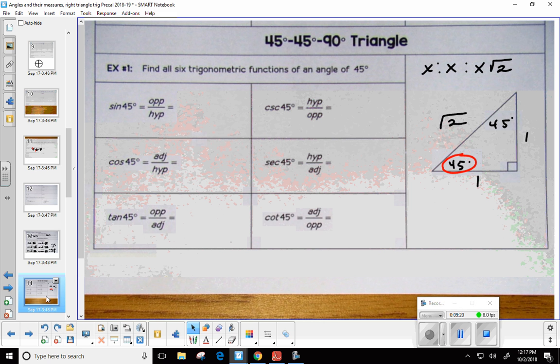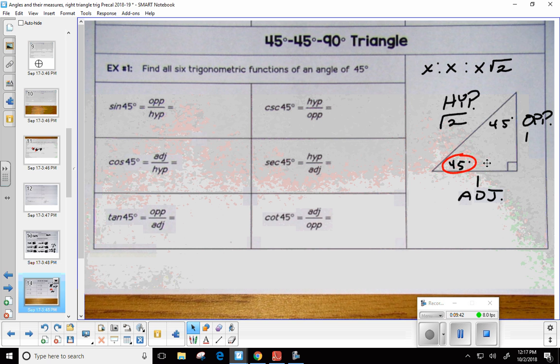Does anybody want me to do that? Okay. So from this 45, what's opposite that is the 1. What's adjacent to it is this other length 1. So square root of 2 would be the hypotenuse. If that helps you to identify the side lengths, absolutely, go ahead and do it.